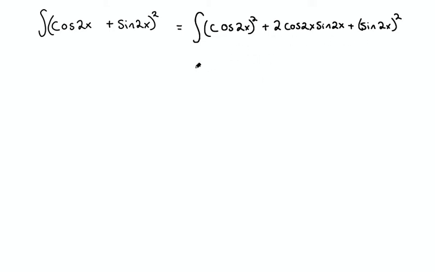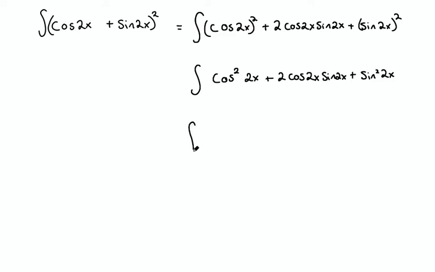That, we should know, can be rewritten as cos squared 2x plus 2 cos 2x sine 2x plus sine squared 2x. So all I've done there is, instead of saying it's all squared, I could write it like this. And if you're unsure about that, go back and take a look at the Trig Identities chapters where we would have looked at this notation.